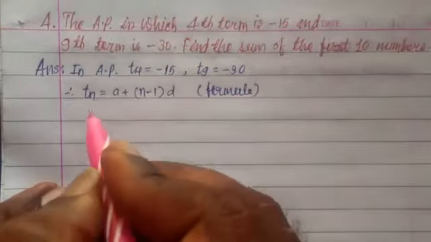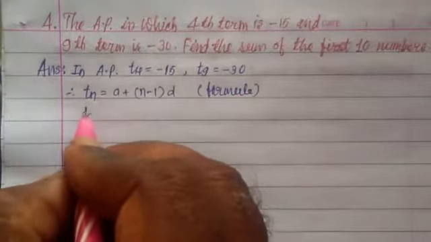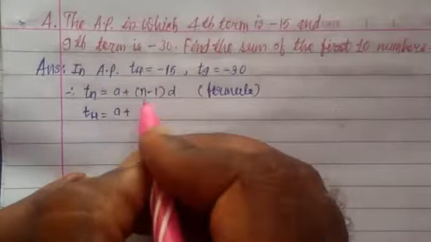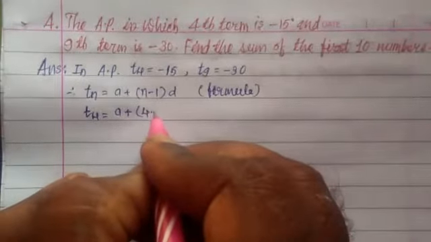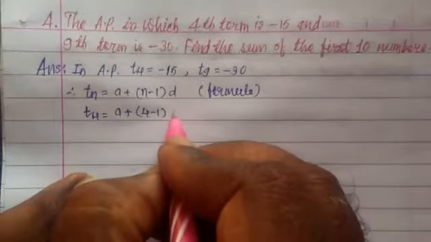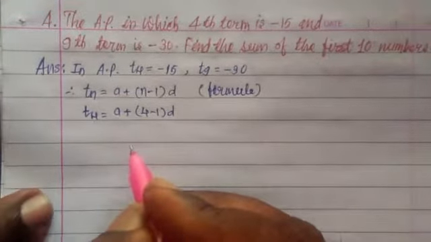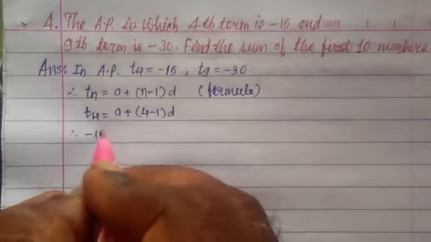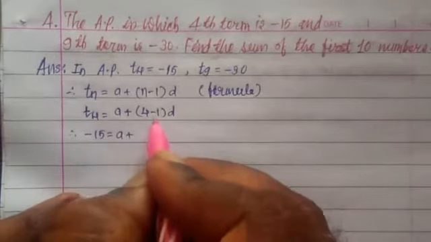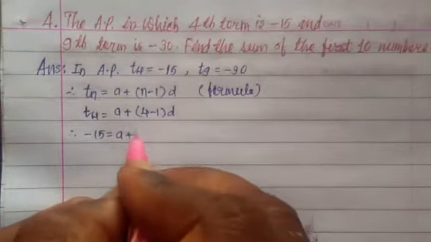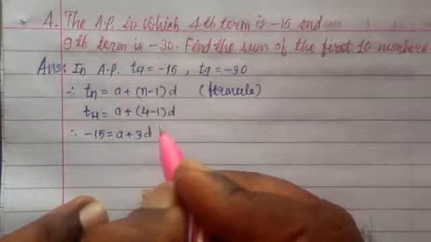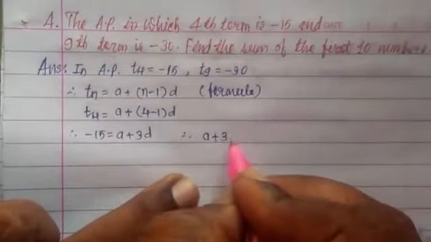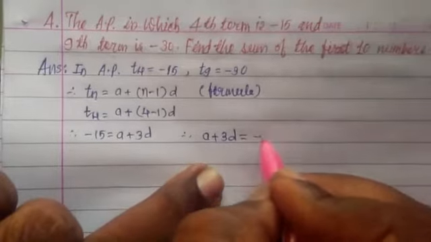Now putting the values, T4 is equal to a plus, here n means 4 minus 1 into d. Putting values, T4 means minus 15 is equal to a plus 4 minus 1 means 3, 3 into d means 3d, and hence we can write a plus 3d is equal to minus 15.